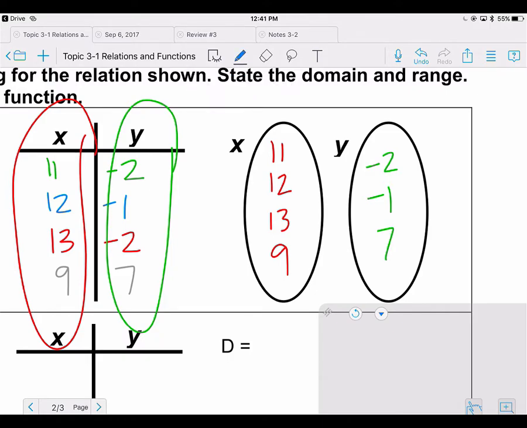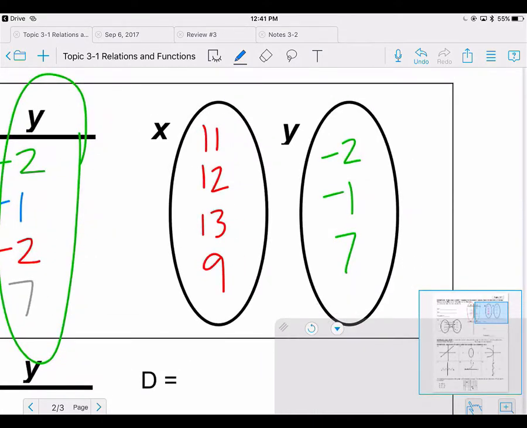And then 7. Now, just like in Google Maps, when you type in a certain place, like I want to go from the school to Chick-fil-A, Google Maps says, okay, here's your beginning, here's your end, and then it takes you through your route. With mapping here, you're going to do something similar.